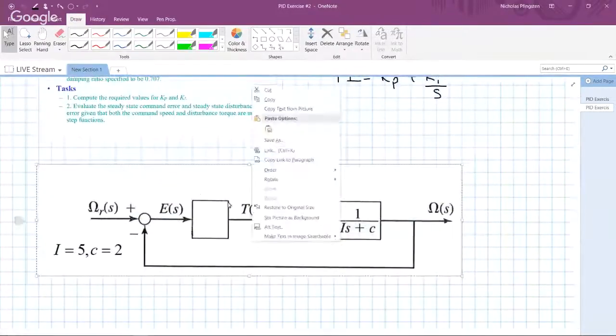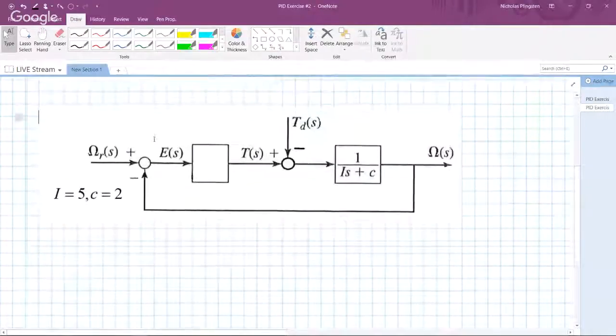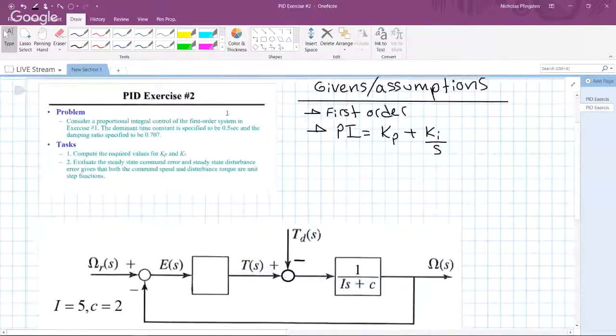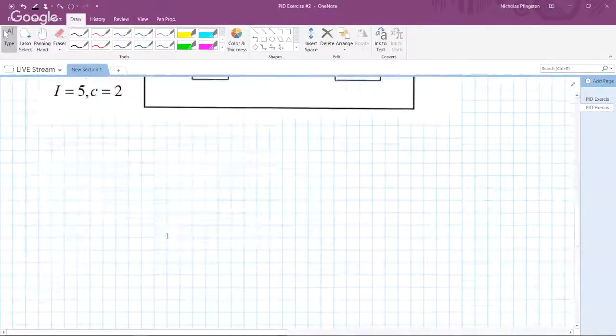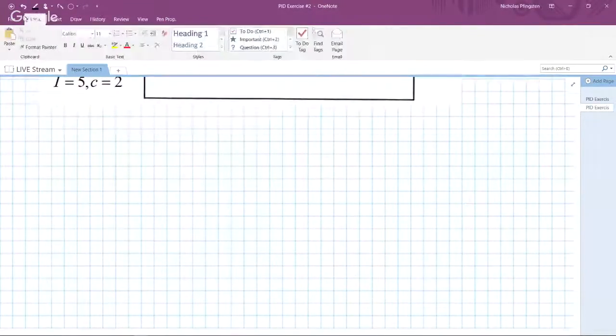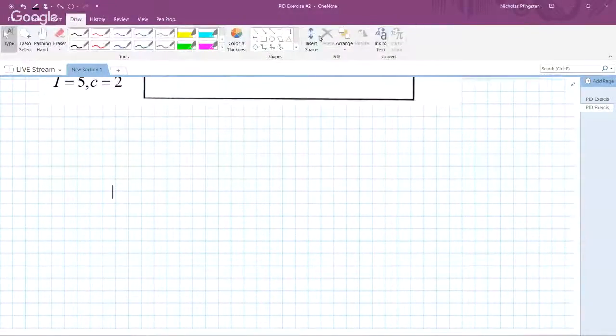So I set that in the background. So this expression, the PI expression, it's going to go into this control block. I want it to look professional, so I'm going to go ahead and do the ink to math. It'll let me.